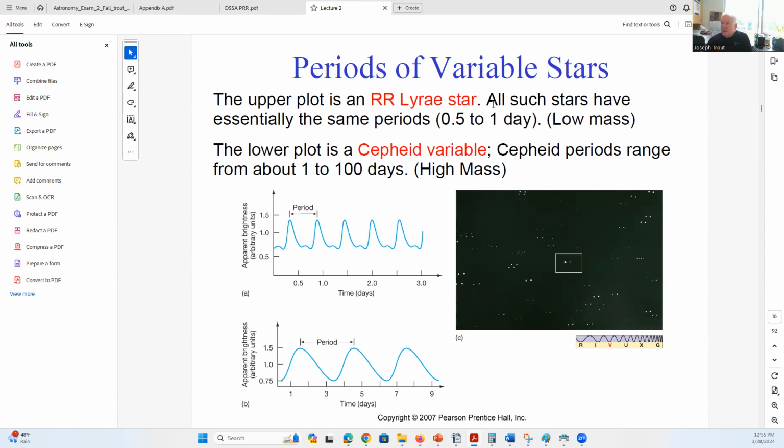The upper plot shows an RR Lyrae star, and all the stars have essentially the same period, about half a day to a day. Don't forget, the period is the time for it to repeat once. So this star gets bright, and then it dims down, and it gets bright, and then it dims down. And in this case, the period is really close to 1 day.